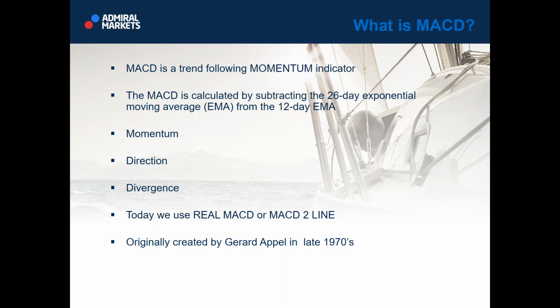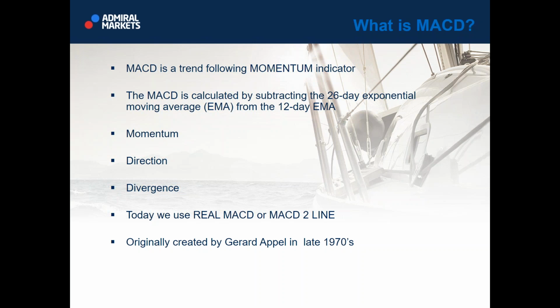MACD is calculated by subtracting the 26-day exponential moving average from the 12-day moving average. We usually use EMAs. Momentum, direction, and divergence are also the core part of MACD.